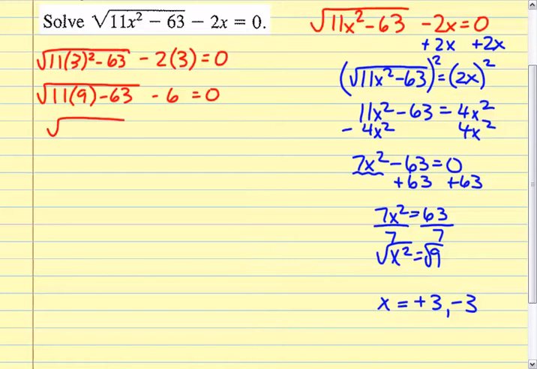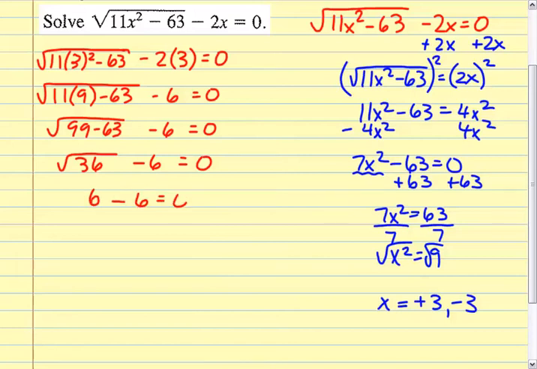The square root of 99 minus 63 minus 6 is equal to 0. The square root of 36 minus 6 is equal to 0. 6 minus 6 is equal to 0. 0 equals 0. Nice. So 3 definitely works. That's one. Let's see if the other one works.